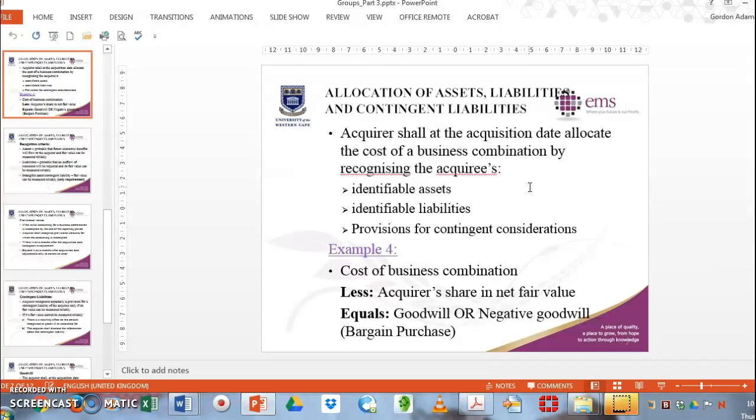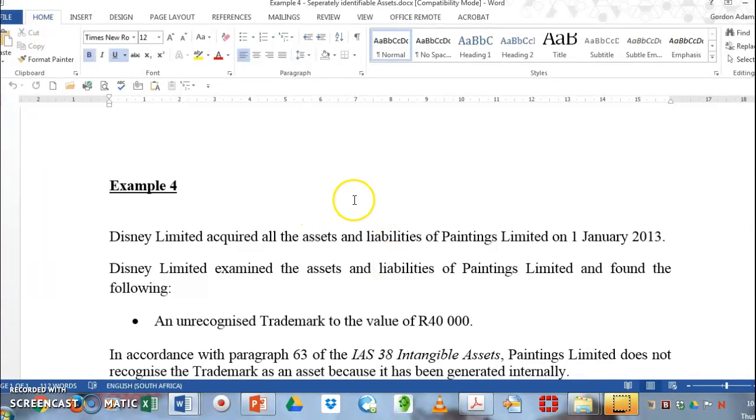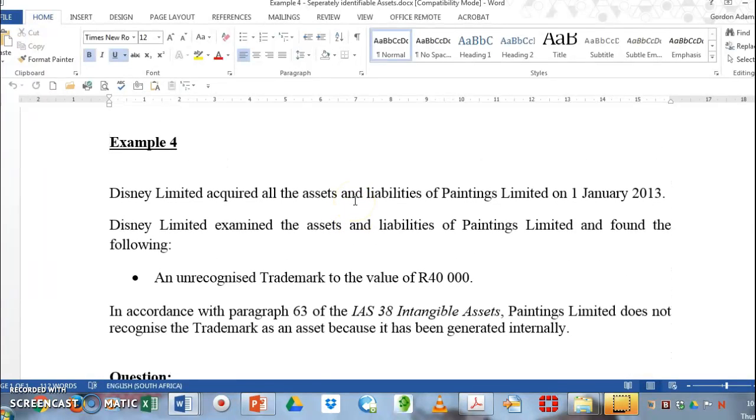essentially the subsidiary company. So example 4 has the following. It says Disney Limited acquired all the assets and liabilities of Painting Limited on the 1st of January 2013.